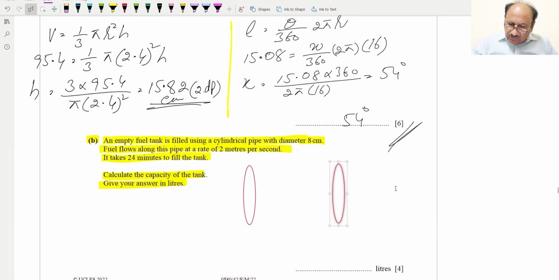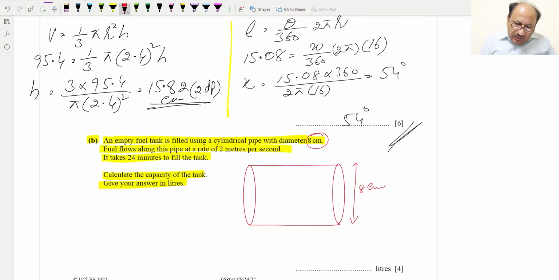So say this is basically the pipe, and we can understand it in such a way that will be very convenient for you. And this is the diameter, from this end to this end is 8 centimeters.